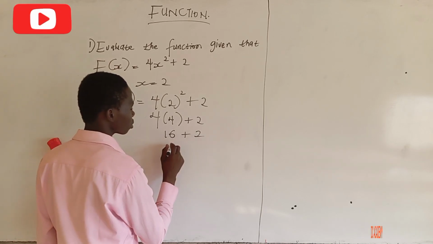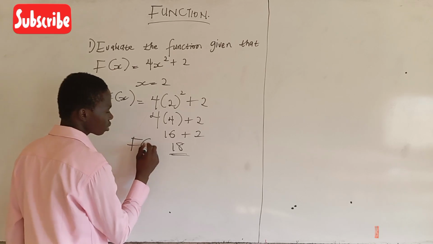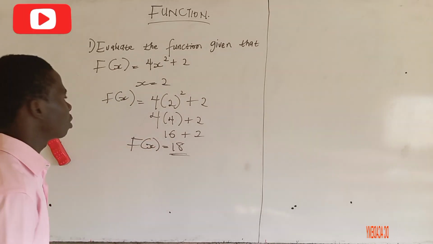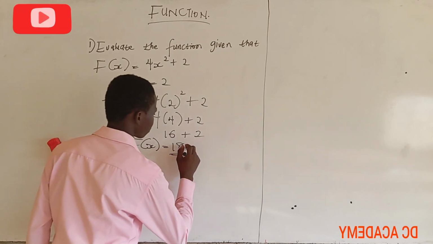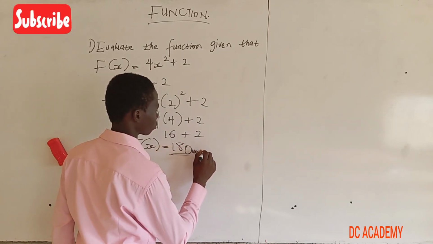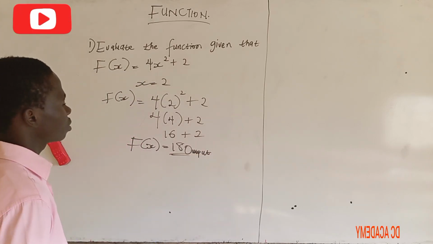Then 16 plus 2 is 18. So f of x is equal to 18 as the output. So this is it.